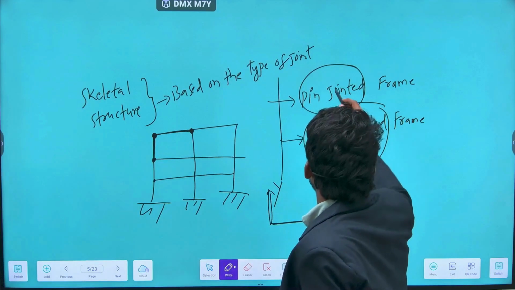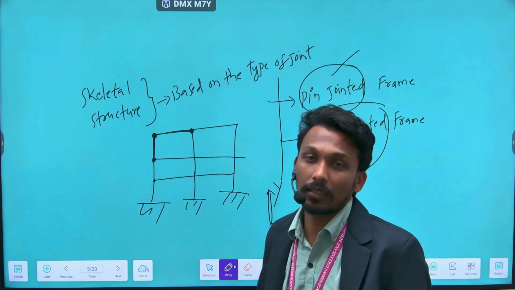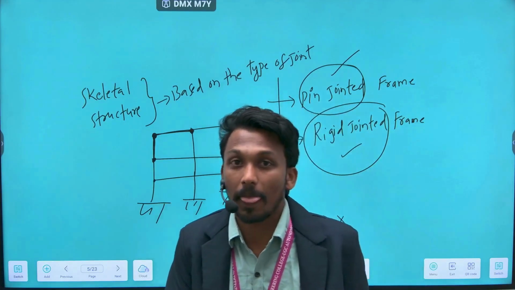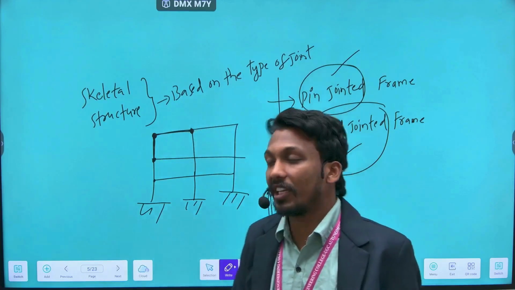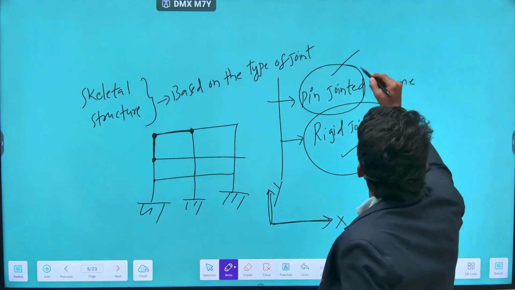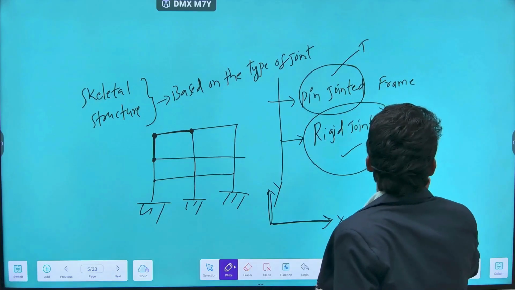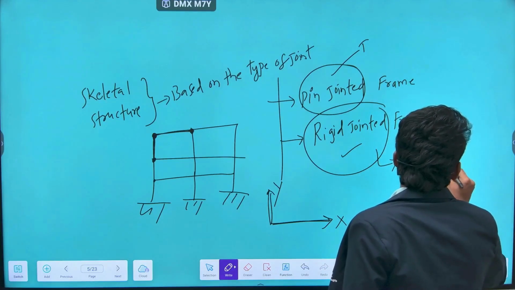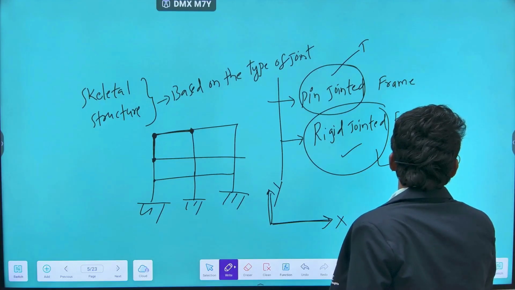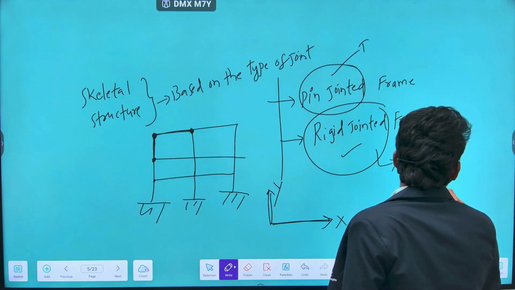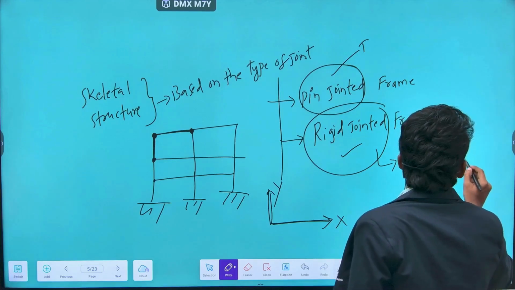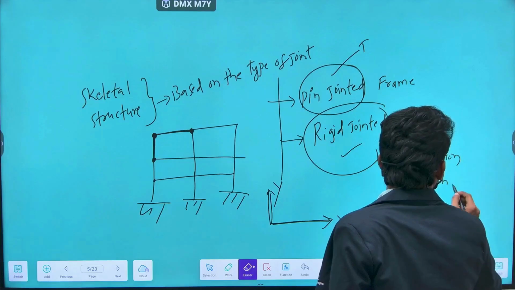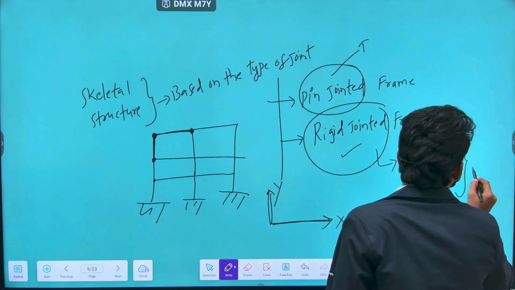So it will resist only translation, and a rigid joint is the one which resists both translation and rotation. So it will resist both. In a rigid joint, both translation and rotation are restricted.